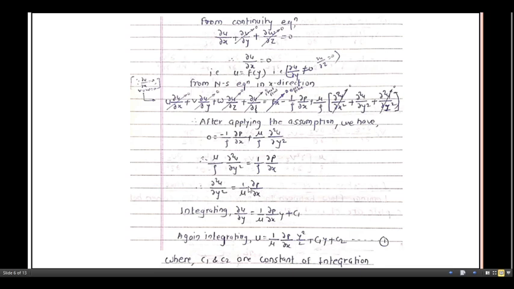Here the rho gets cancelled, so 1 upon mu into ∂p/∂x will remain.